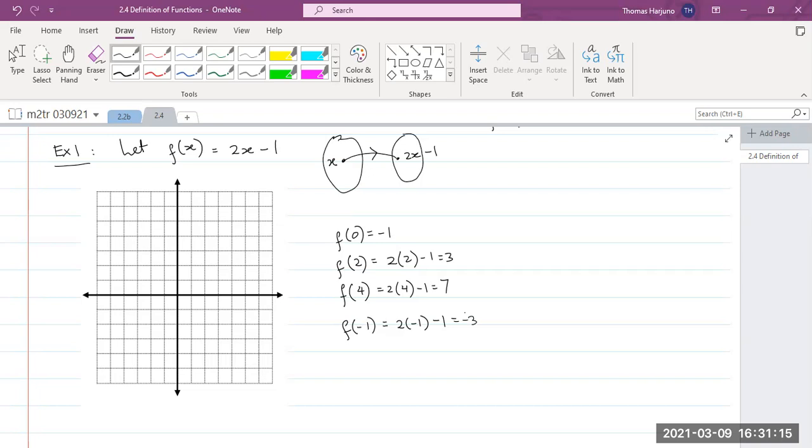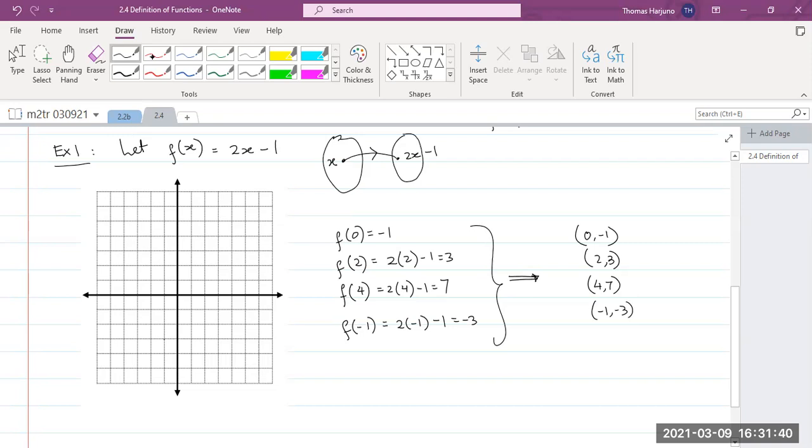Some x that will give us the y, but from each one of these, it gives us the coordinates (0, -1). Because the x is 0, we know that's the y-intercept. (2, 3) is part of the graph. (4, 7) is part of the graph. (-1, -3) is also part of the graph.